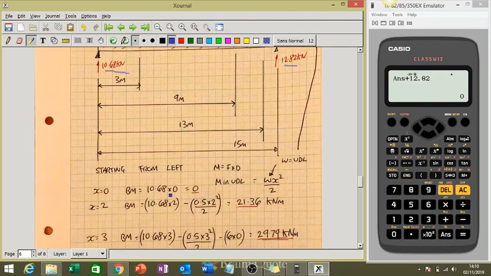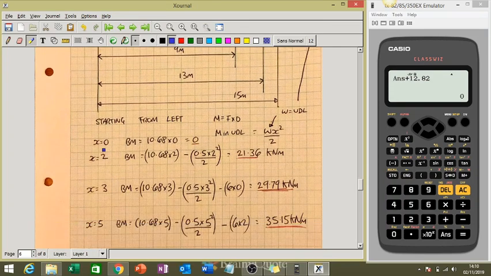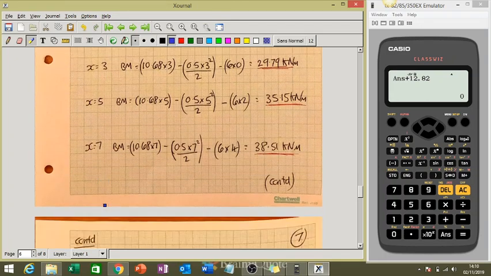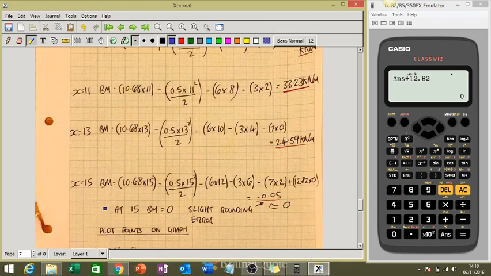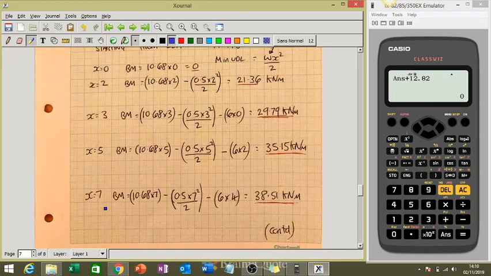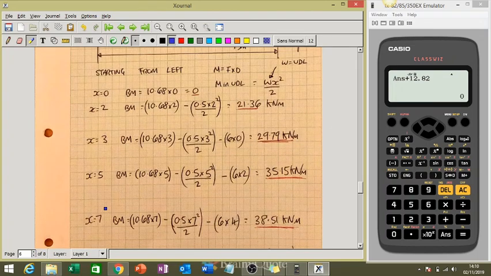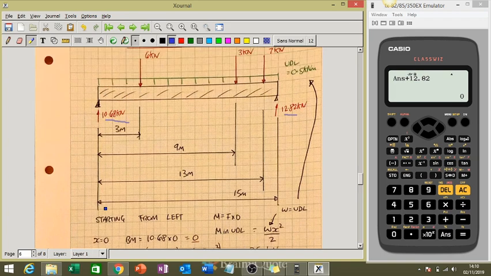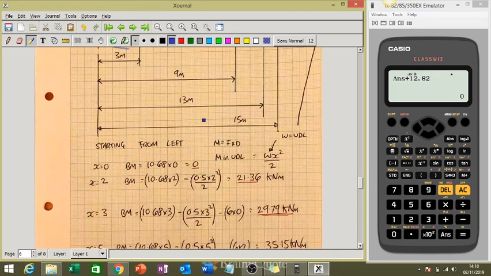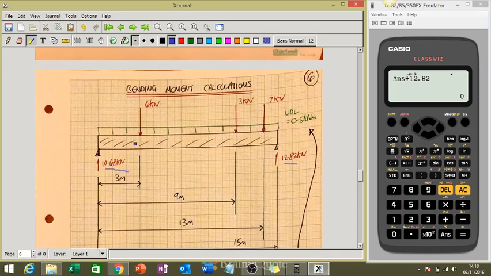So I've gone to the same x equals 0, 2, 3, 5, 7, 9, 11, 13, 15 as before. It's up to you, but I would try and stick to the same. Make sure you go where there's a point load. And one thing you need to remember, a moment is a force times a distance. Again, we're starting from the left, so whatever moment we see at certain points, that's all we look at.